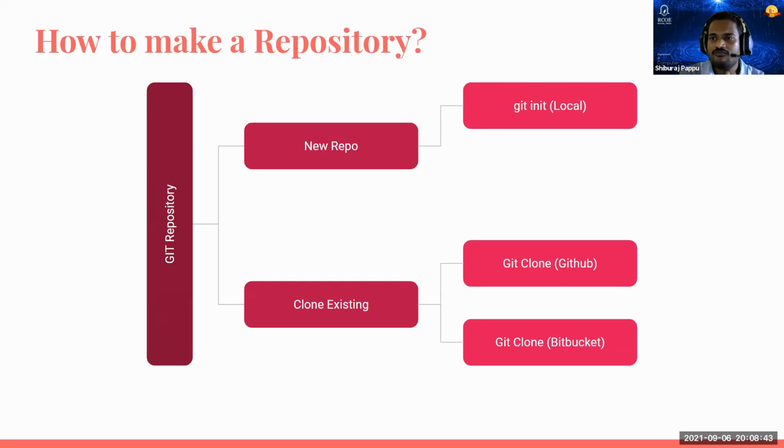Only one member will make a repository, so for him it will be the first step, a new repository. But for the other 4, it will be cloning the existing repository from GitHub or Bitbucket or somewhere. So you should understand these 2 things: you can create a completely new repository, or you can clone an existing one.